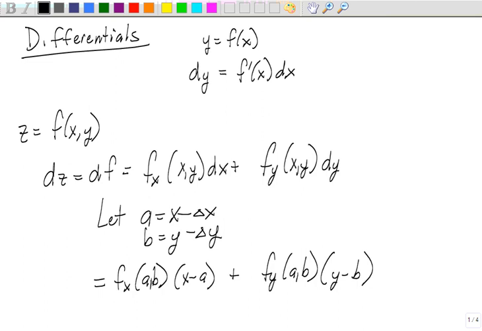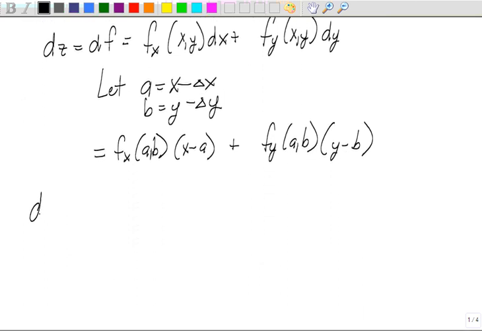So let's see what this represents. dz is a change in height of the tangent plane as you move from x to x plus delta x.